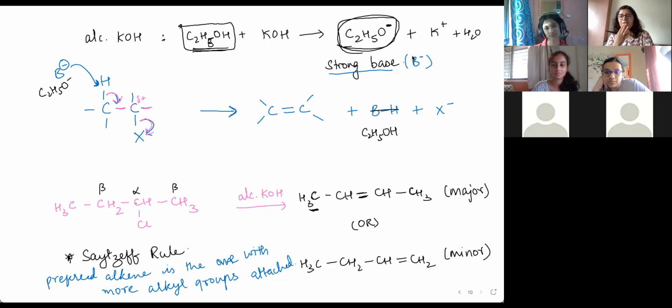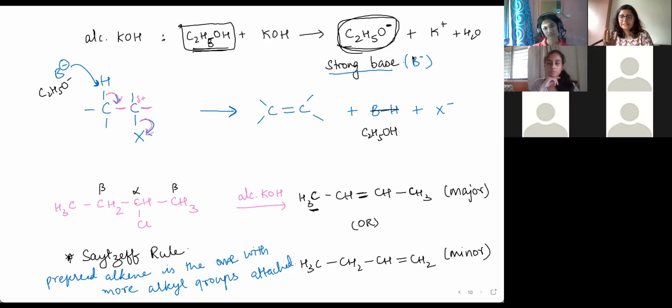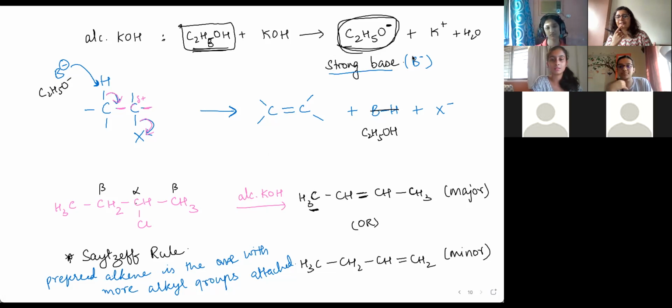Okay, do you guys remember what is a Bronsted base? Like, what is the definition of a base? How do you define bases? Proton acceptor. And the whole reason why elimination is taking place is because this proton is getting removed. So unless you have that proton accepting nature, this reaction will not happen.